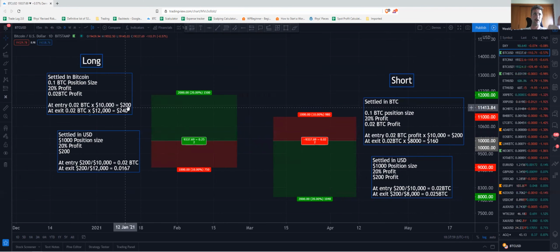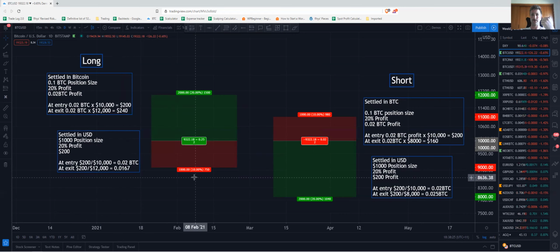Same with the long, you can see that by trading against Bitcoin, when Bitcoin's heading up, you made an extra 20% profit because while you gained that 0.02 BTC, that Bitcoin itself was worth more. Whereas on the USD front, you still made that $200. It can't be anything less, but that's not worth as much now if you wanted to buy Bitcoin.